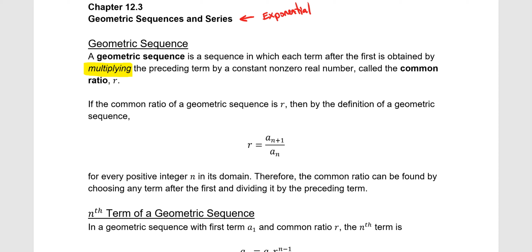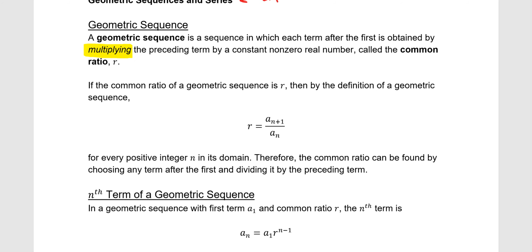In a geometric sequence, we multiply by a number called the common ratio. So if the common ratio of a geometric sequence is r, then r equals a sub n plus 1 divided by a sub n.